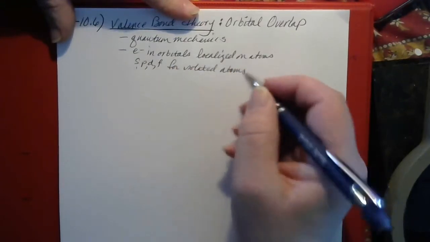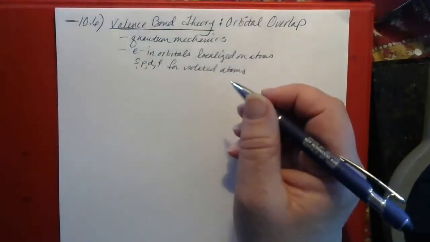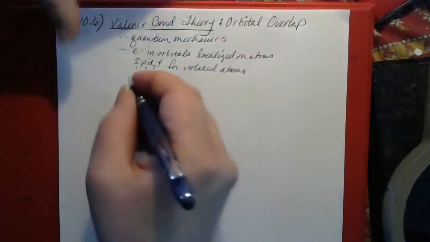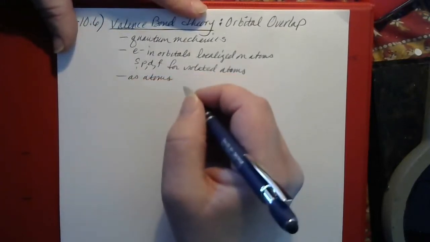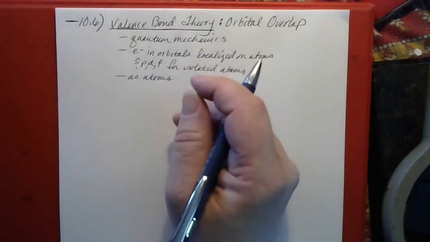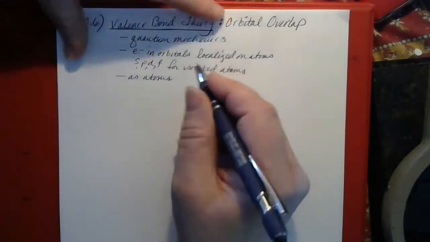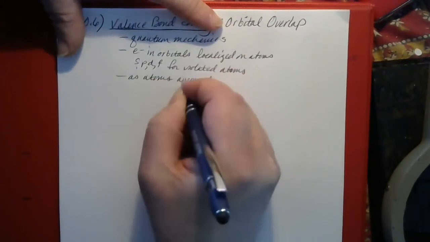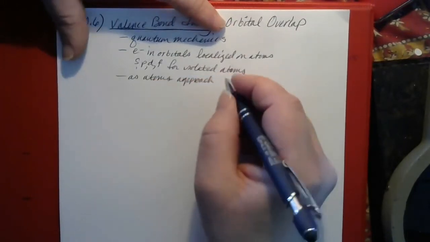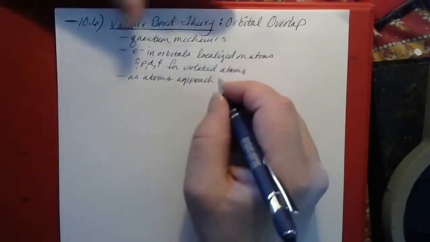And by isolated atoms, I just mean atoms that are off by themselves and not actually engaged in bonding. As the atoms approach each other, with perhaps the potential for forming a bond, the charged parts of one atom can begin interacting with the charged parts of the other.